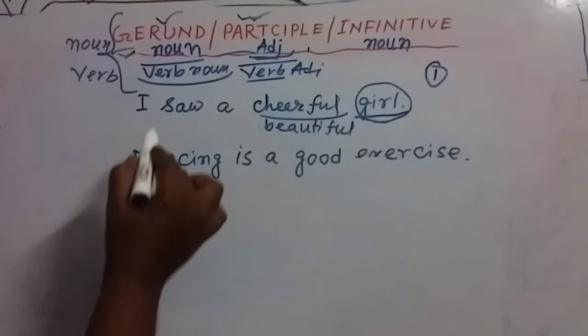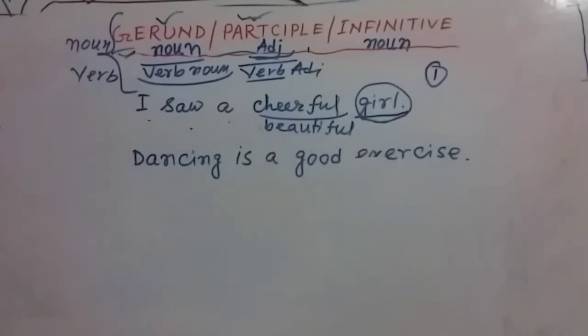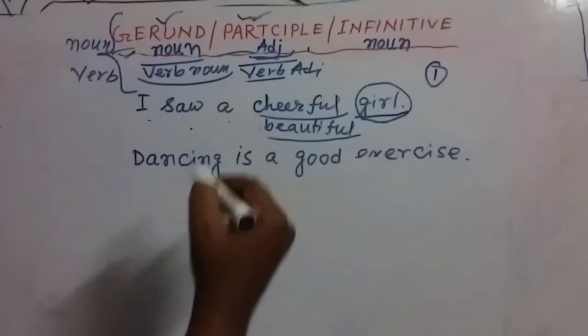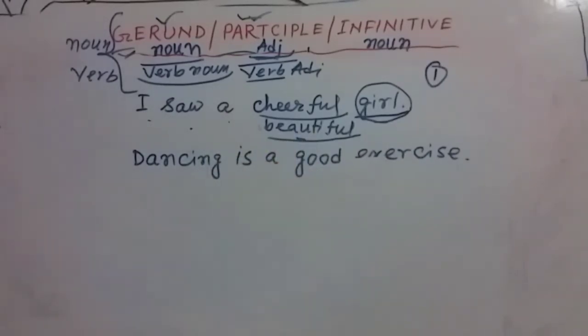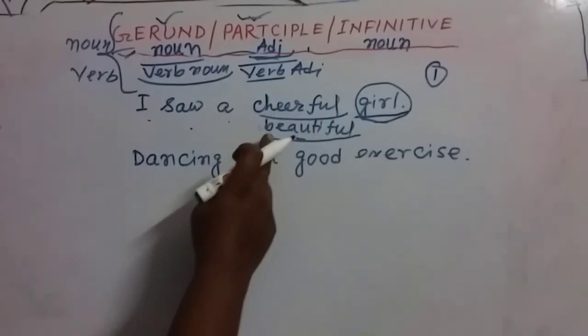My dear friends, here I saw a beautiful girl. It has a complete sense. That means we have replaced dancing with this word and the meaning is perfect. Instead of dancing we have written beautiful.